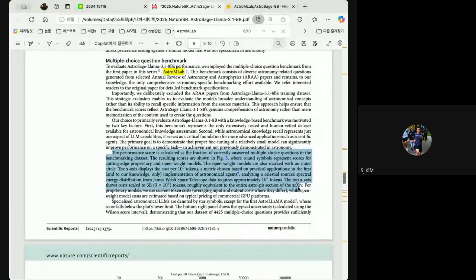I just tried to understand the rough structure of the paper, but I didn't check the details.